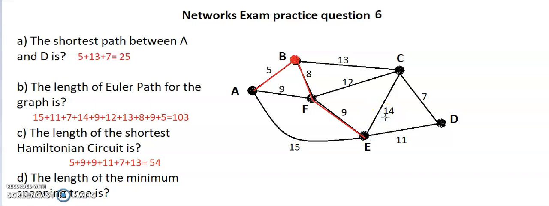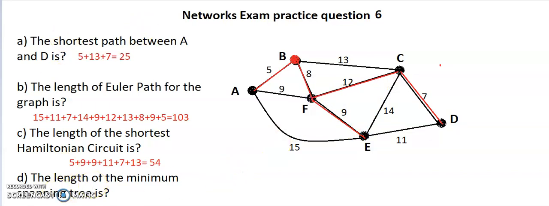So the next thing I need to think about here is another short side that I'm going to use, using D. I would much rather connect D to C because it's 7. The last side I need to connect is C with the rest. So I need to either pick 13, 12, or 14, and C to F is the shortest at 12.